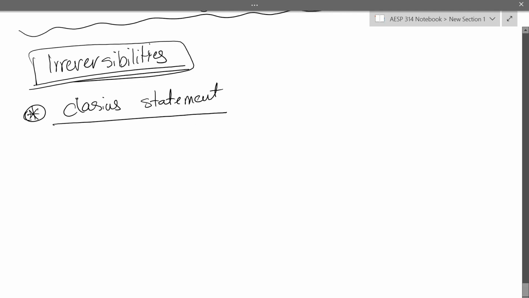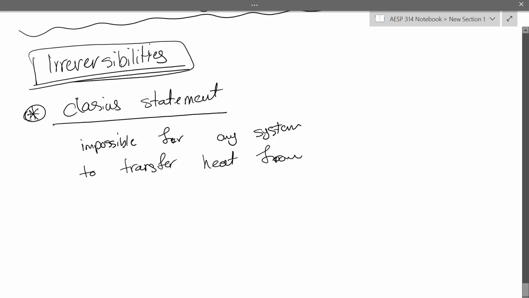Clausius states that it is impossible for any system to transfer heat from a cooler body to a hotter body without any work.